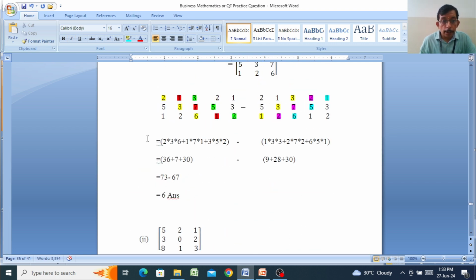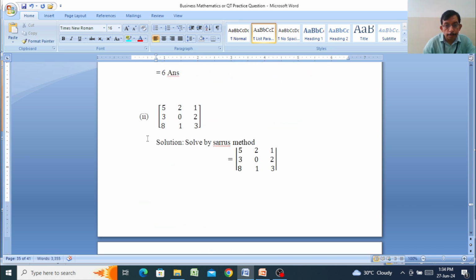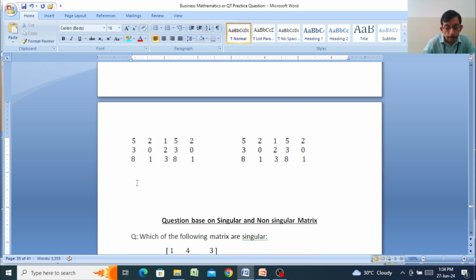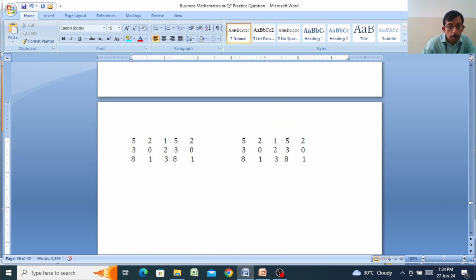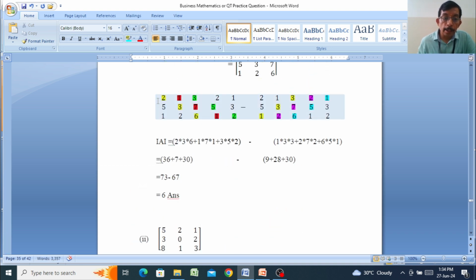Value of determinant is equal to: first we take the values from the right-hand side, descending order.